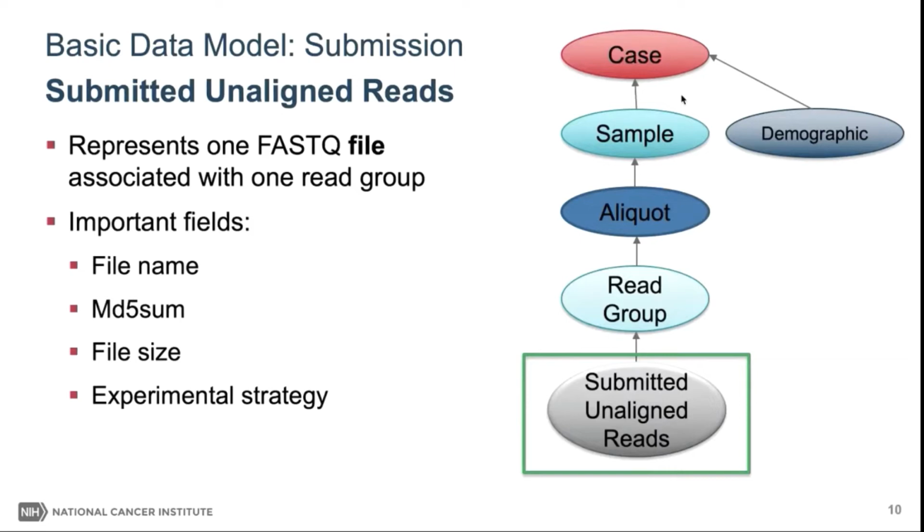Some important fields here include the file name, MD5 sum, and file size, which are provided in advance of the file being uploaded so that the GDC can validate against the expected versus the observed values for these fields. So if you upload a file size of 10 bytes and then try to upload an actual file of 10 gigabytes, this will throw an error.